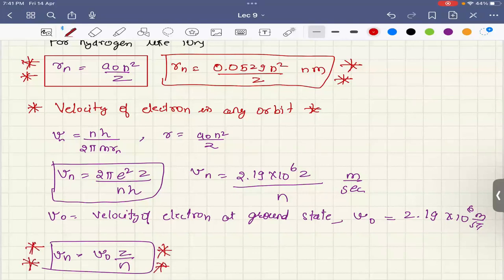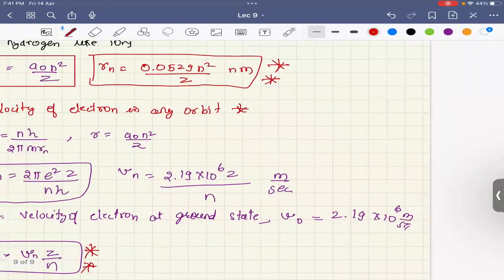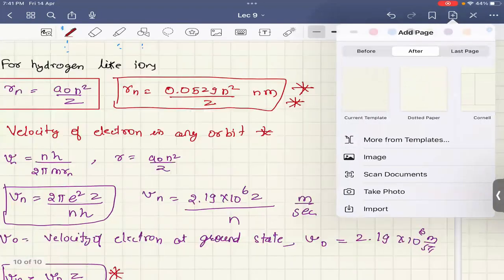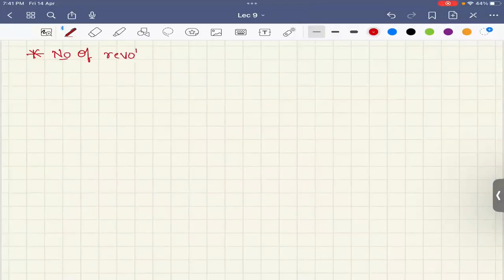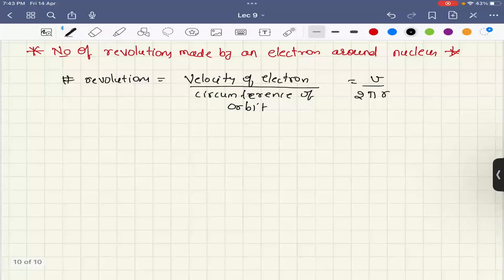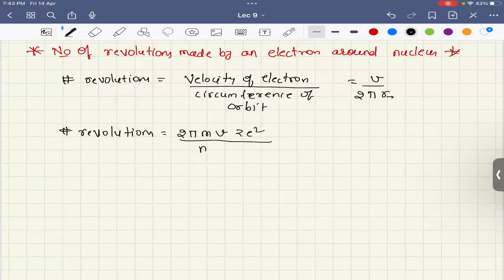Then further, if you want to calculate the number of revolutions made by an electron around the nucleus, the number of revolutions comes out to be v by 2 pi r, and when we substitute the value of r which we calculated, it comes out to be 2 pi m v Z square by n square h square.